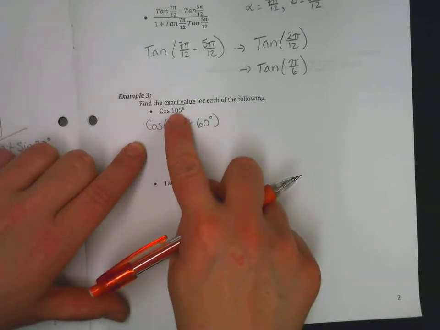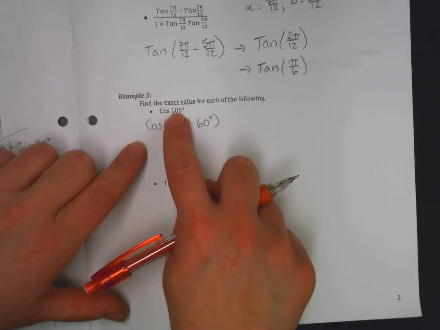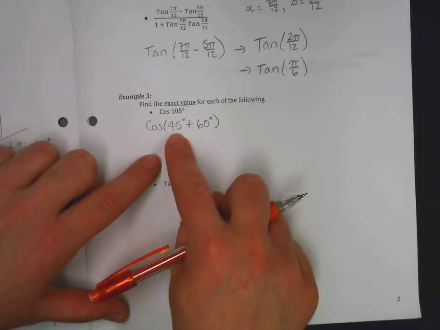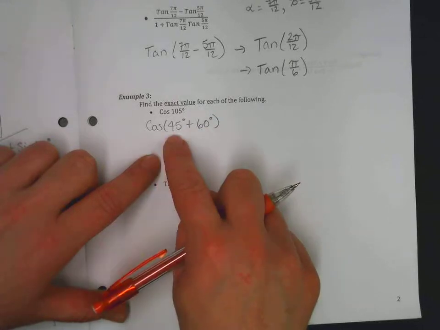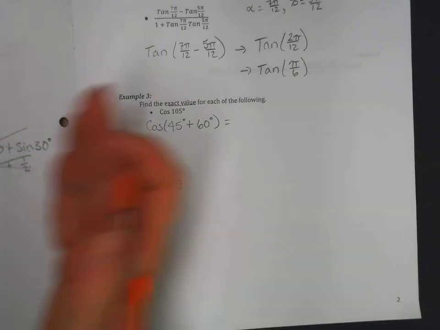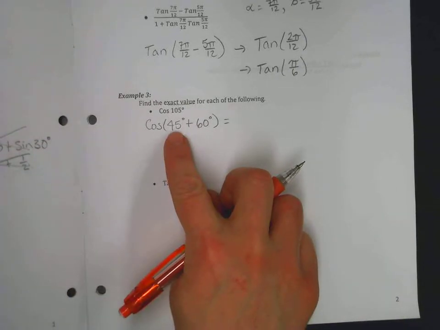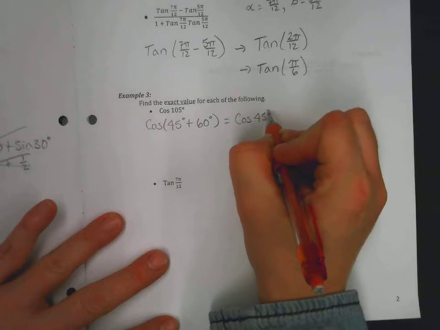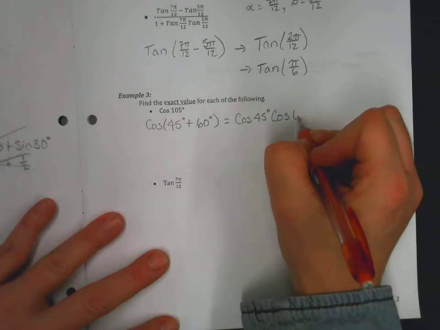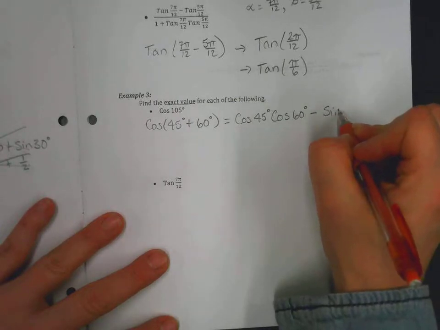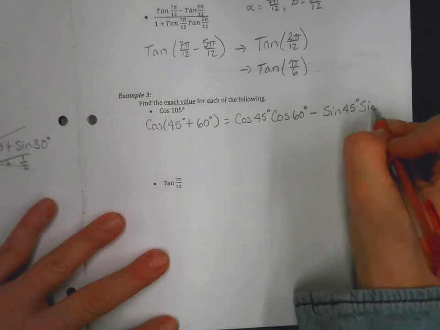So I can now find the exact ratio for cos of 105 by using my sum and difference identity for cos of alpha plus beta. Using our identity, cos of alpha plus beta would be cos of alpha, which is 45 degrees, times cos of beta, which is 60 degrees, minus sine of alpha, sine of beta.